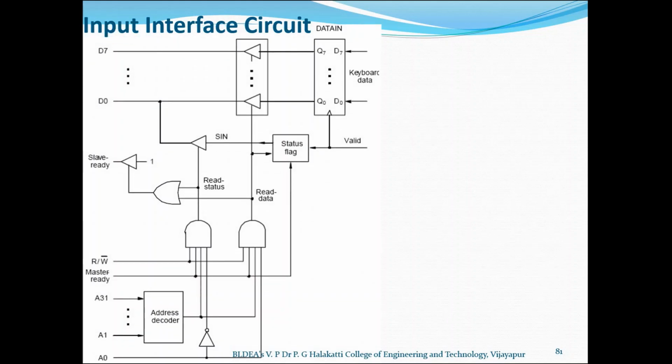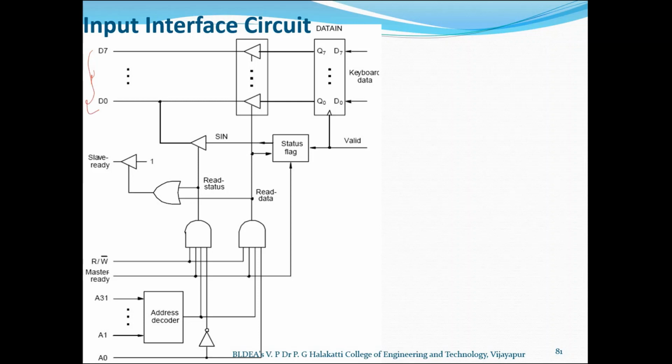Now this detailed circuitry is for the input interface. The output lines of the data in register are connected to the data lines of the bus. If you can see here in the figure, these are the data lines.